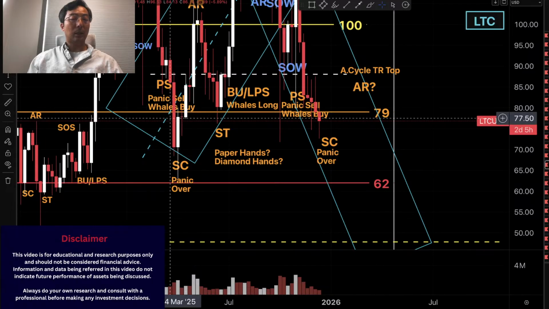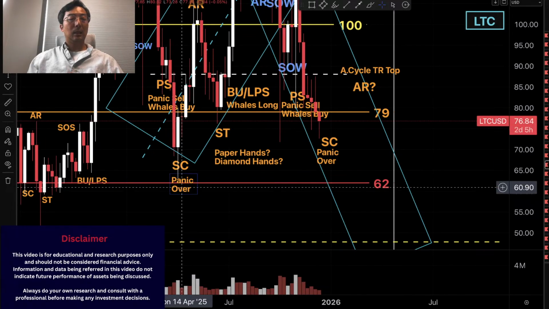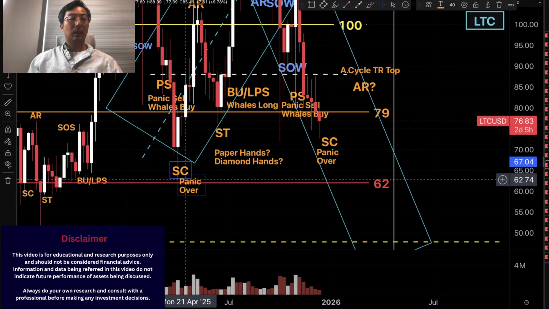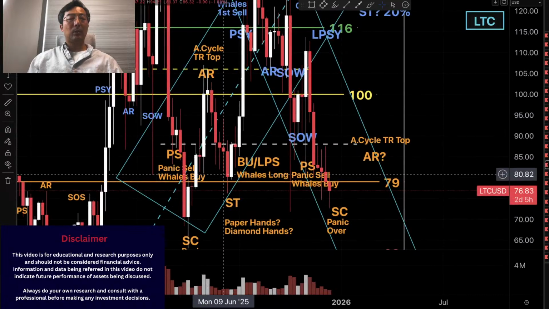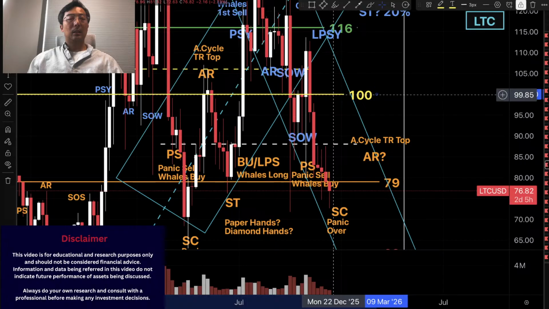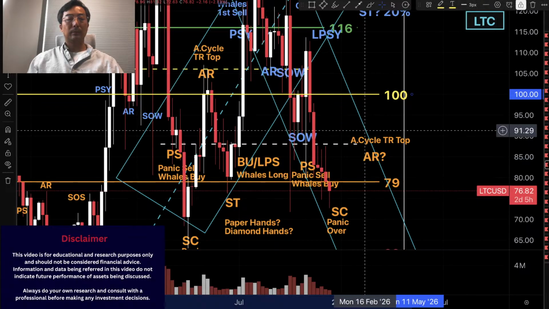This year, during the second quarter, it tested the red key level only for 2 weeks roughly, and then it quickly reclimbed to accumulate above the orange key level, between the yellow key level of 100 down to the orange key level of 79.